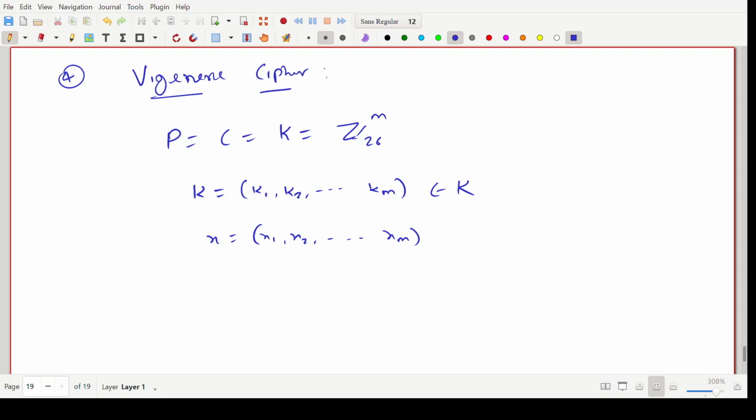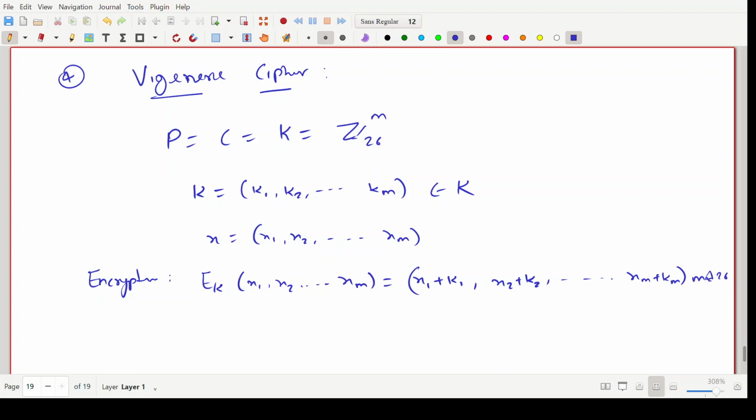Encryption is like this: EK of X1, X2 up to Xm. You just add the key in each coordinate. Say X1 is added to K1, X2 is added to K2, and so on, so Xm is added to Km modulo 26. Whatever you are getting is the ciphertext, so let me write it as Y1, Y2 to Ym. This is your ciphertext, which we call Y.